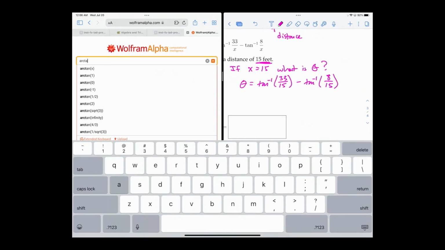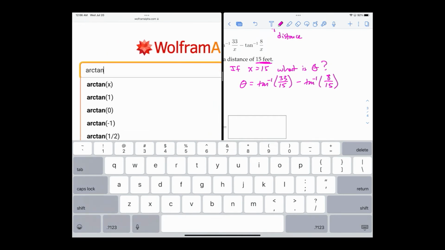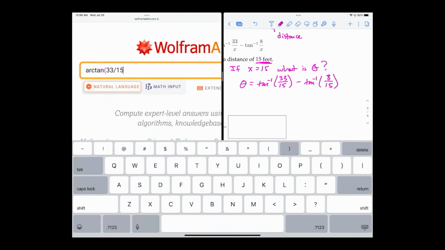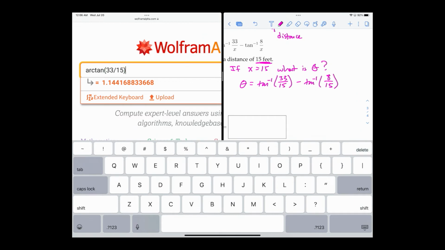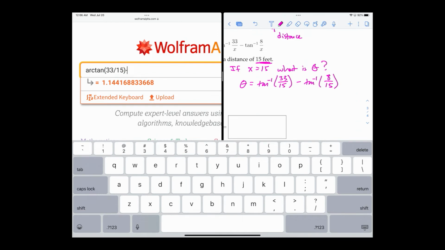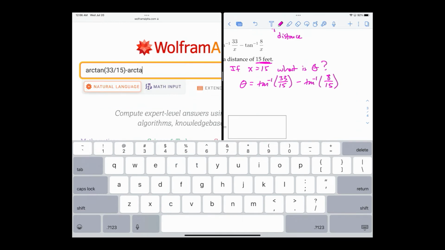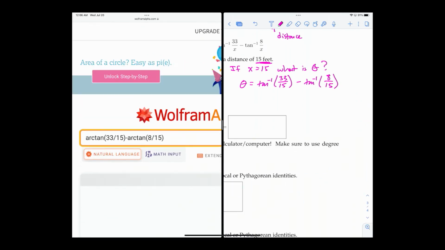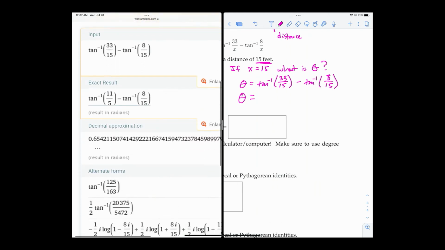Inverse functions you normally type in as arc, like arctan for inverse tangent, 33 over 15, and then minus arctan 8 over 15. So that's it. We just type that in. And this is going to be in radians. 0.65.